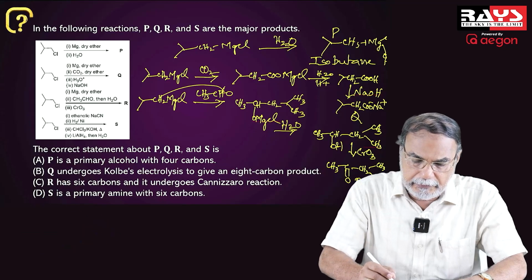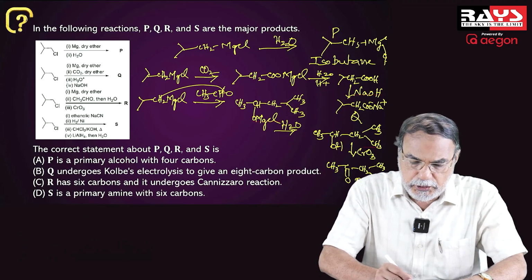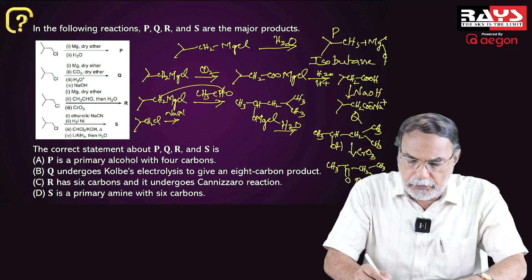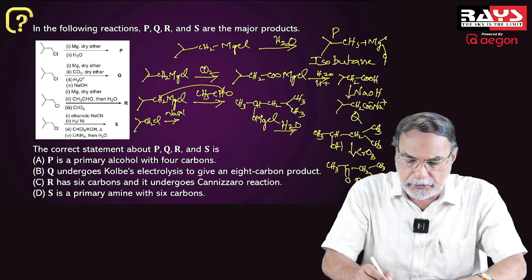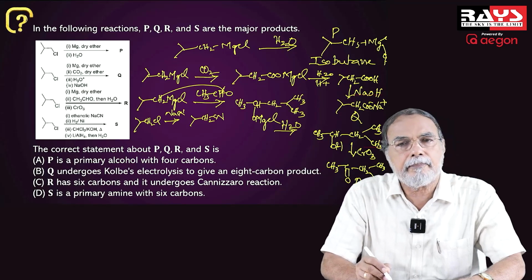Okay? And the last reaction is the reaction of the isobutyl chloride with ethanolic NaCN. NaCN means a nucleophilic substitution reaction of chlorine with CN minus, and you have the nitrile as a product.